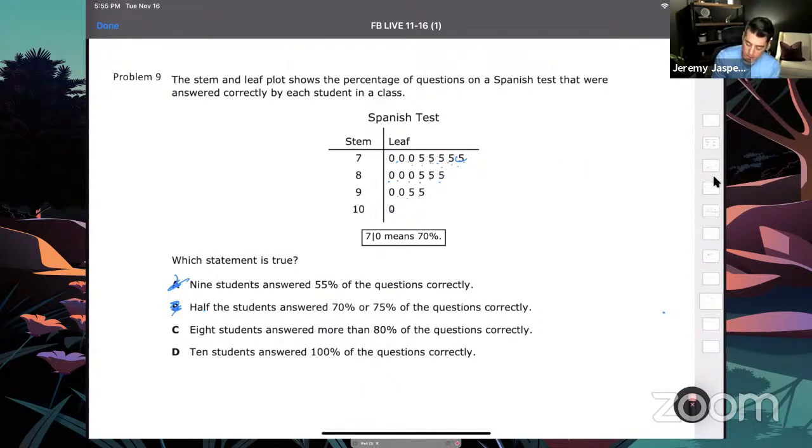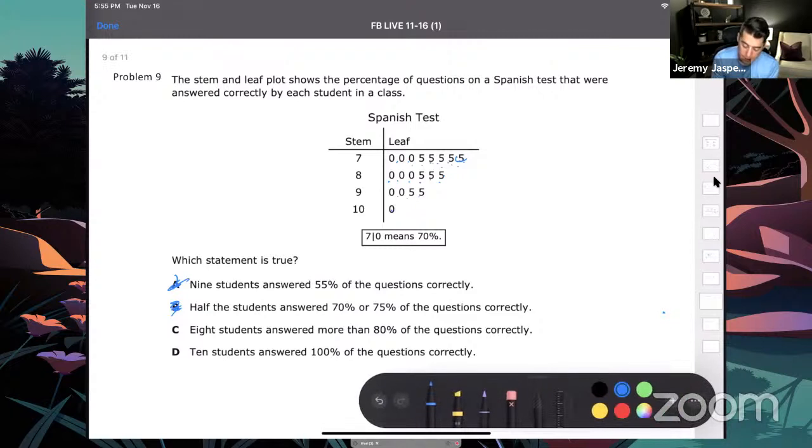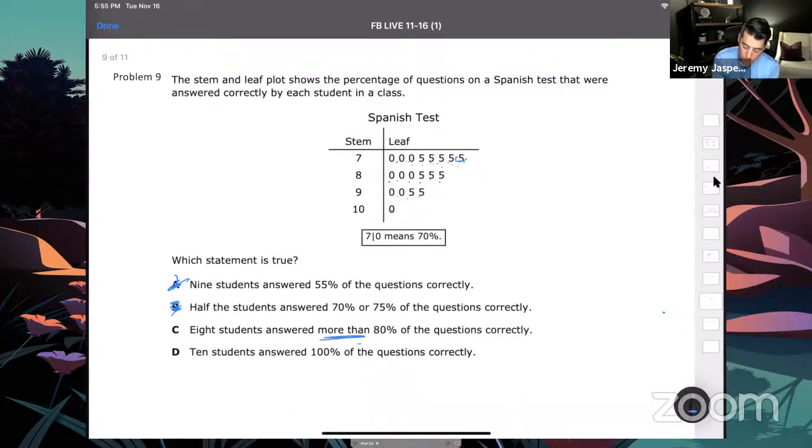Our next is C. It says 8 students answered more than 80% of the questions correctly. Okay, keyword, more than. In this scenario, can I use 80%? No, you can't, because 80% is equal to 80%. I need more than.